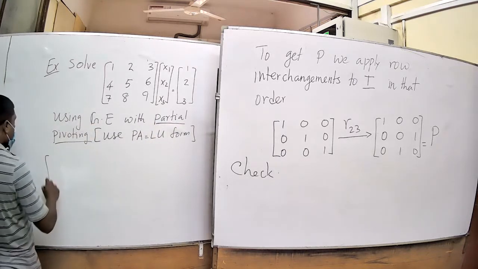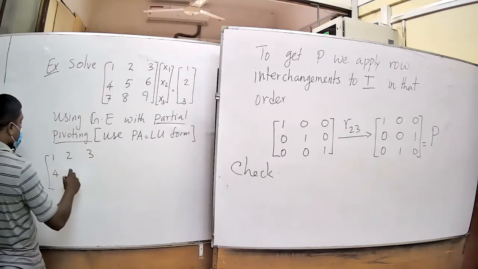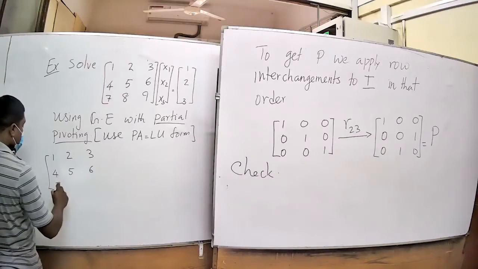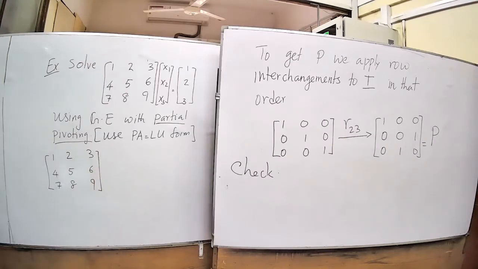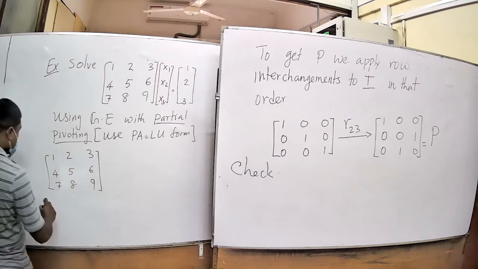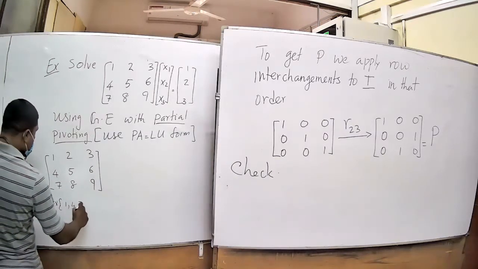So I will start with A, that is 1, 2, 3, 4, 5, 6, 7, 8, 9. In order to do the partial pivoting, you look for the maximum of 1, 4, and 7.